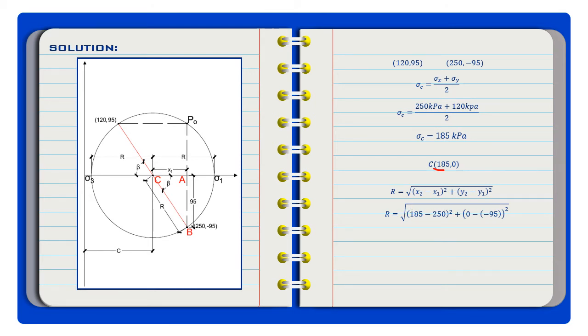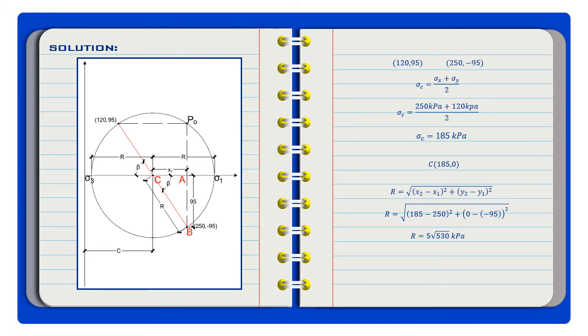Then, ang partner niya, -95 and 0 yung axis doon or yung x doon. So, that is 0 yung ordinate o yung y coordinate, which is 0 minus -95. So, quantity squared. So, our radius from that analysis will be 5 square root of 530 kilopascal.